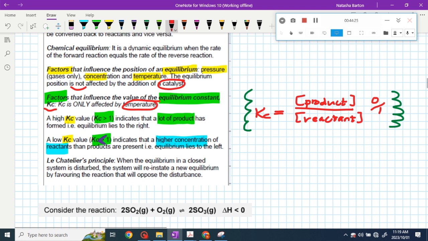If the number is bigger than 1, it means the top is big. We have a high concentration of products. If the number is smaller than 1, it means the concentration of the reactants is big. Because if you take any number divided by a big number, you're going to get a small number that is smaller than 1. Make sure that you know this and that you know that it is only influenced by temperature.